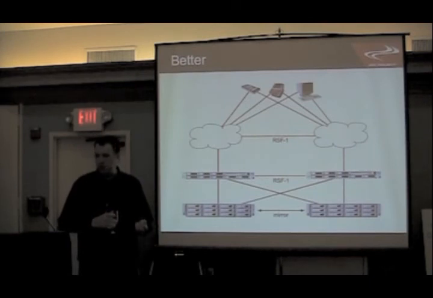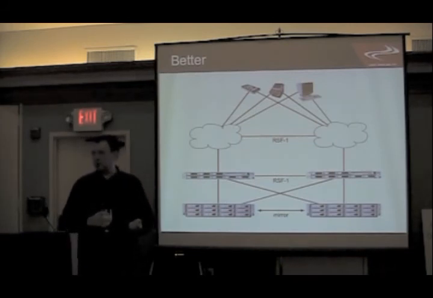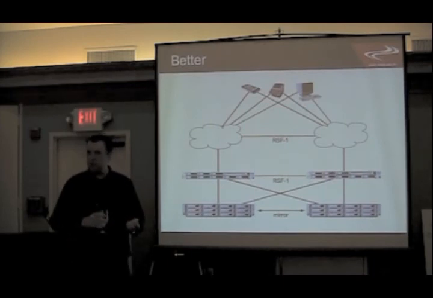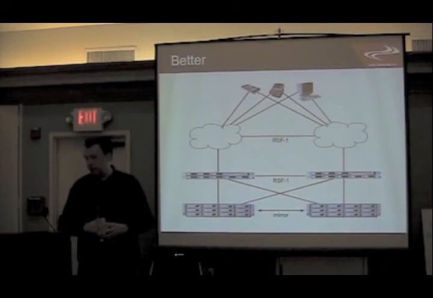And RAID Z3 may be cheap, but it's not fast, and one of the issues at the moment that it faces is unbound resilver times. And unbound resilver times do not jive with high availability. So although RAID Z3 is attractive in many ways, in a highly available system, we don't recommend that.